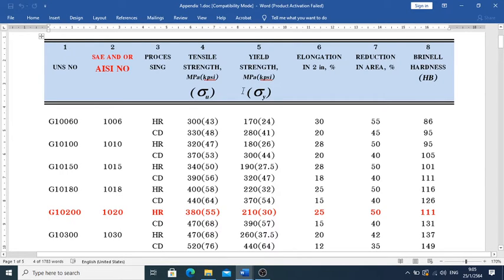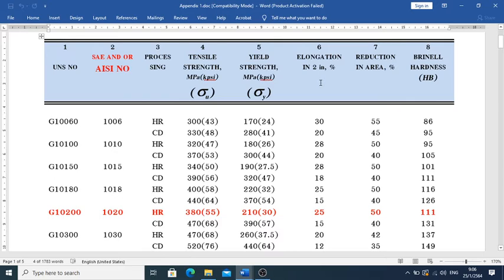So sigma U and sigma Y respectively. In number six, elongation in 2 inches, in percentage. This is going to be the strain, so you might put epsilon there, at the point of the ultimate strength.